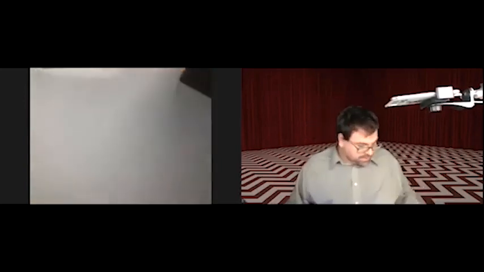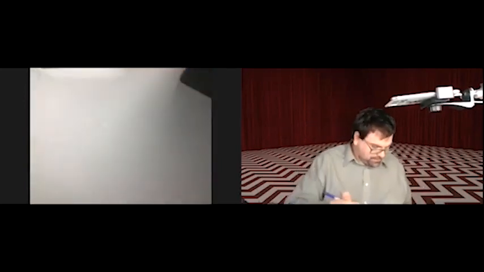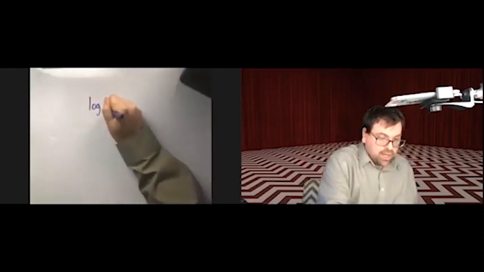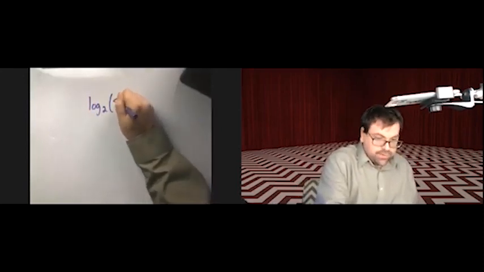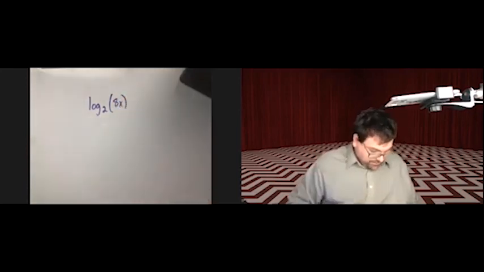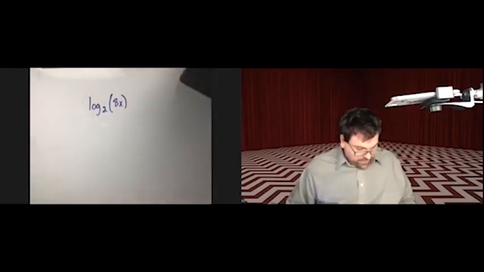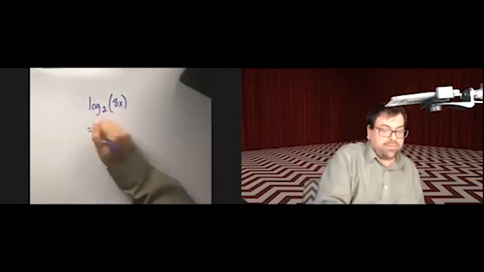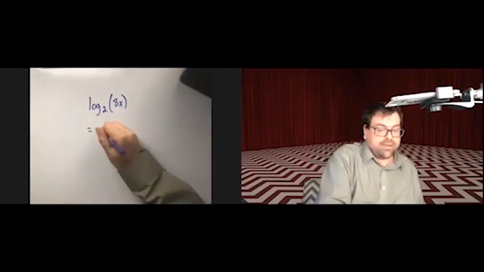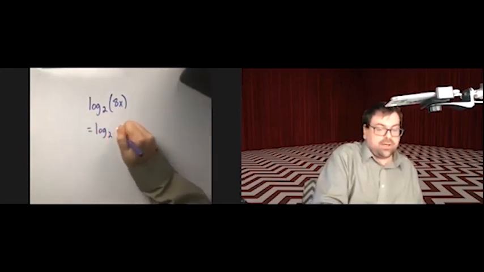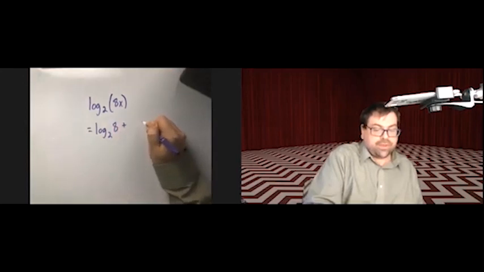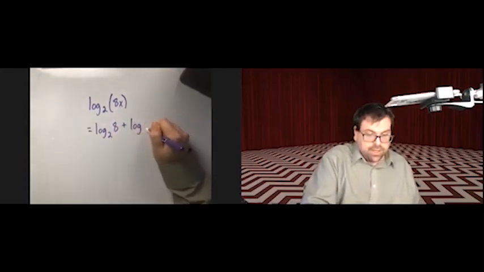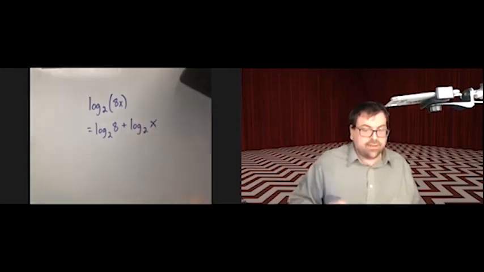How do we use this? Let's say we had the log base 2 of 8x, and we want to write the logarithm as a sum. The log of two things multiplied together is the log of the first plus the log of the second.